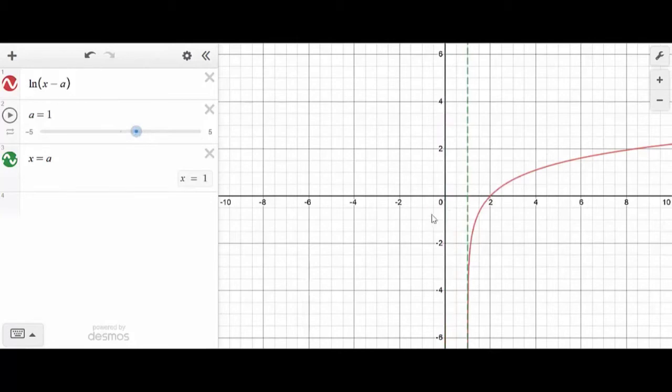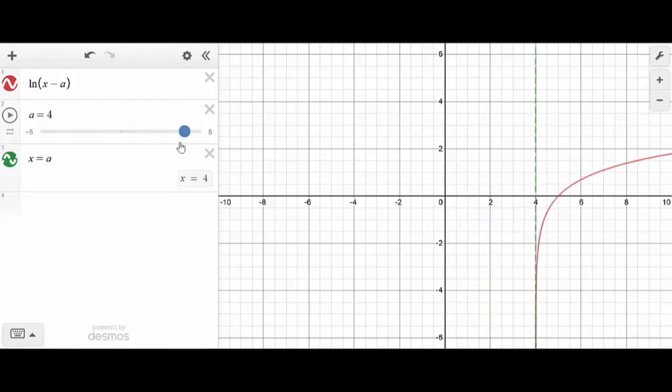Notice that now the domain is not 0 to infinity, it's 1 to infinity. You see the asymptote here? So the graph has been shifted over. Or if we make it 2, you can see how the graph is shifted over, so the domain changes. If a is 4, the domain is 4 to infinity. Now we could go the other way.